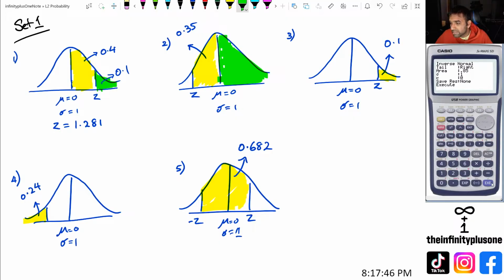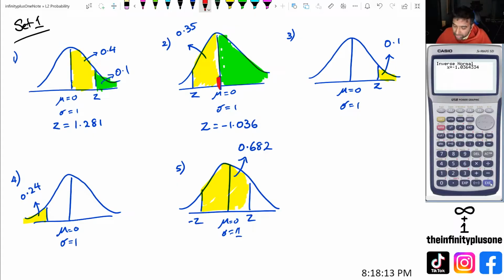So I'm going to leave it as it is, which means I actually end up with a negative value. And that's okay, because z is equal to negative 1.036. And the reason, if I am getting a negative value, I know I'm correct because I know that 0 is right here. And if 0 is there, anything before that has got to be a negative number. So I know that I've actually done it correctly.